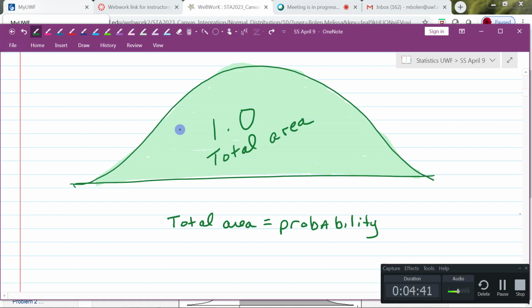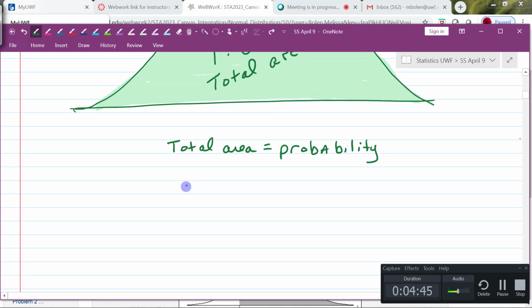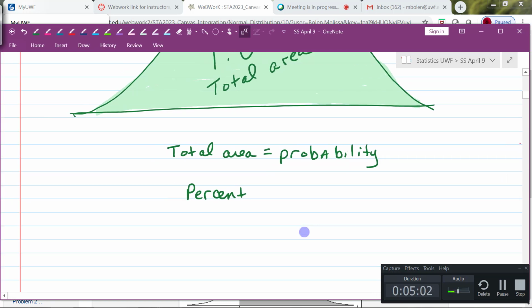Because we would take whatever the area is in order to put it in a percent. In order to get percent, we're going to take the area and multiply it by 100.